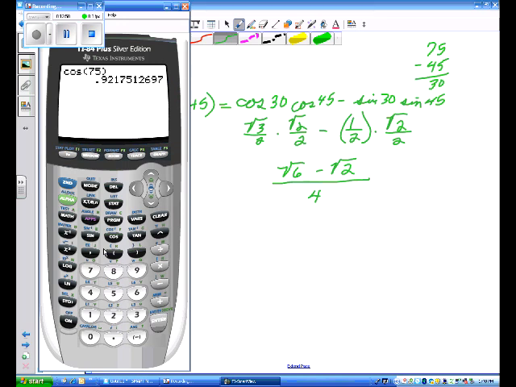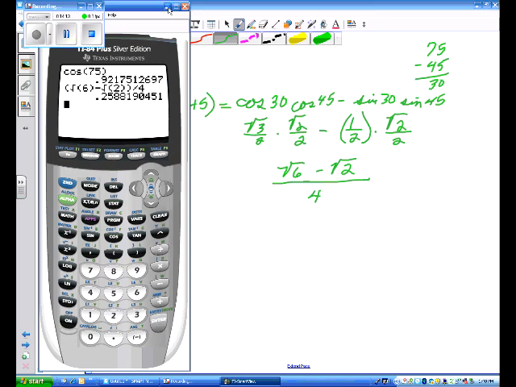Okay, we can also take parentheses the square root of 6 minus the square root of 2, close the numerator, divided by 4, and we don't get the same answer.